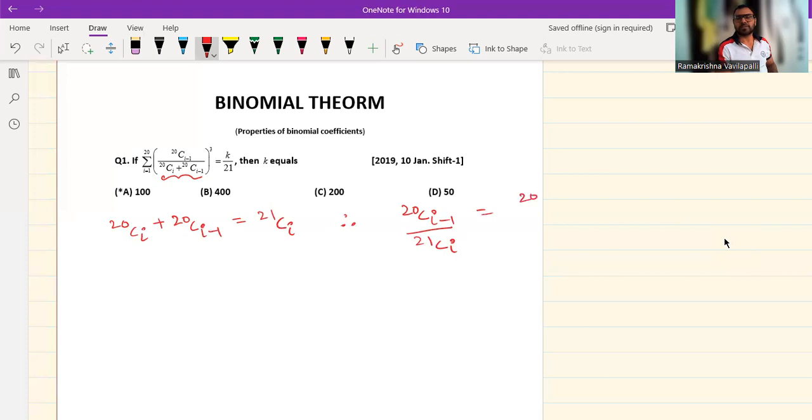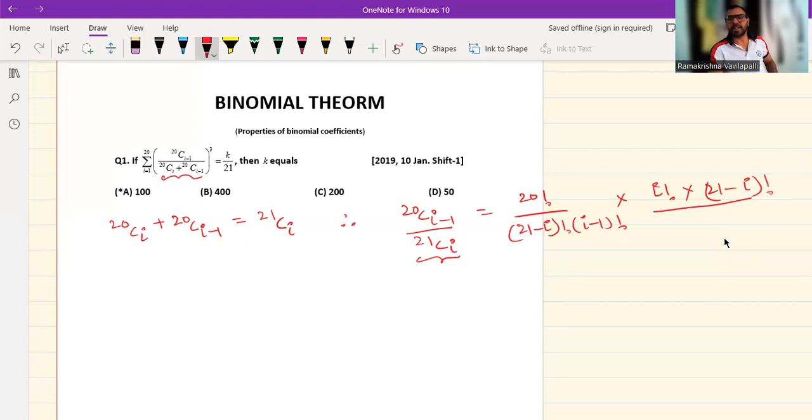So it gives 20 factorial by (20 minus of i minus 1, which means 21 minus i) factorial into (i minus 1) factorial, and expand this 21Ci. You will get i factorial into (21 minus i) factorial, whole by 21 factorial.